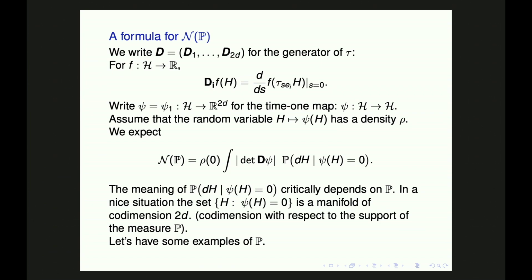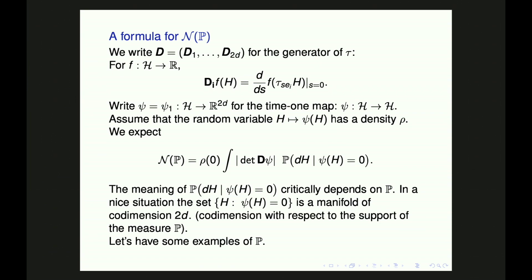Yes, so you see psi is a function going from Hamiltonians into R^2D. You have a probability measure on Hamiltonians, but you have to look at the support of this probability measure. Think of the support of the probability measure that we consider as some kind of submanifold of this infinite dimensional space. Then the periodic orbits are related to the 0 set of this function.